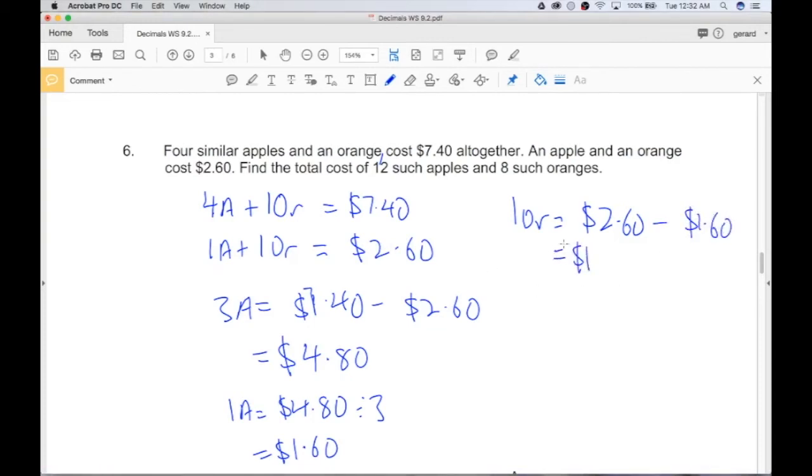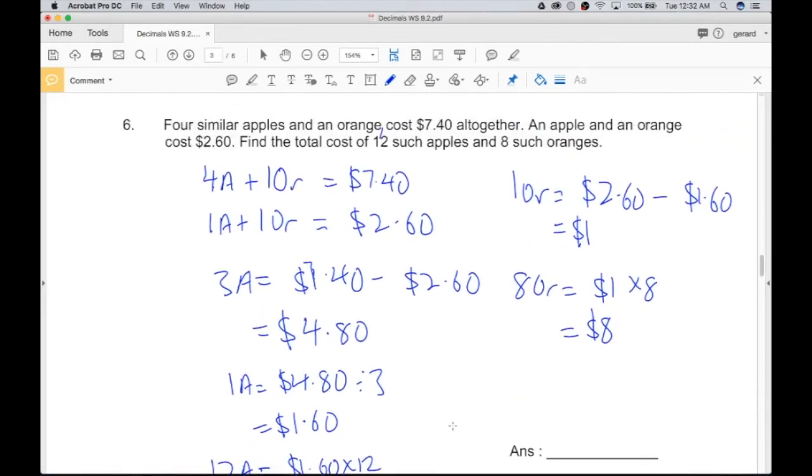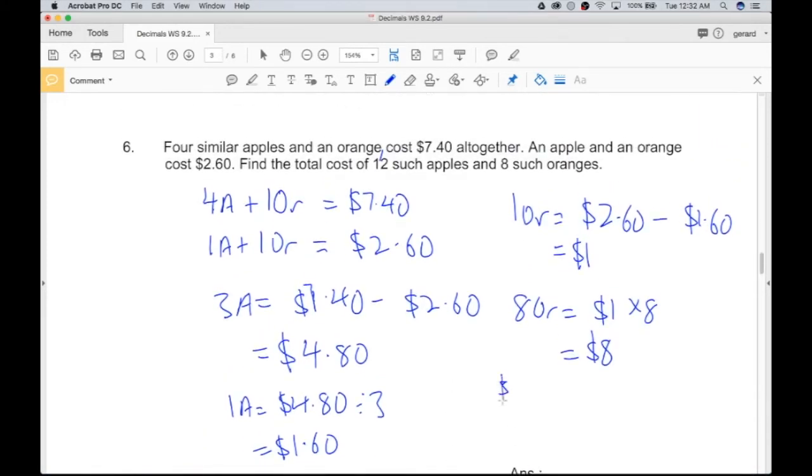It's actually just $1. So 8 oranges, $1 times 8 goes to $8. Add both together, the 12 apples is $19.20 plus $8. You get $27.20.